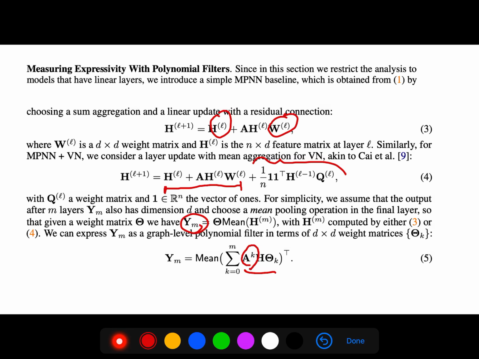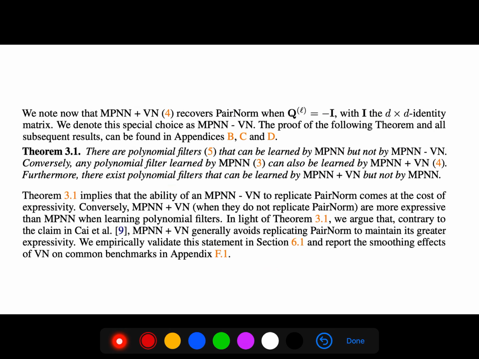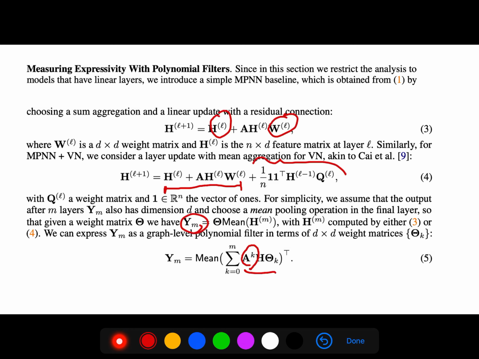So these polynomial filter, diffusion, propagation methods, all of them are related to eigenvectors in spectral graph theory. All of them are the same thing, really, but their names are a bit different. So there are polynomial filters that can be learned by MPNN.